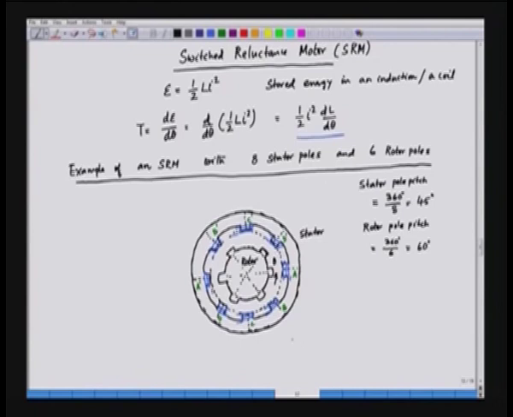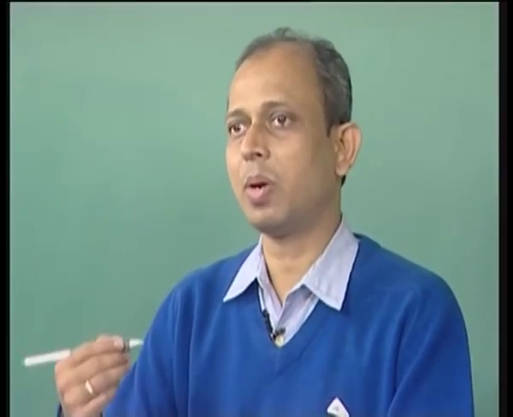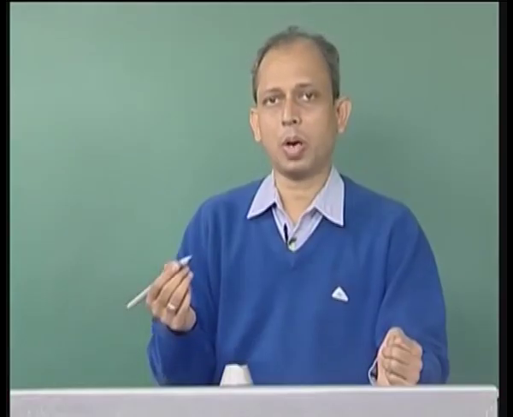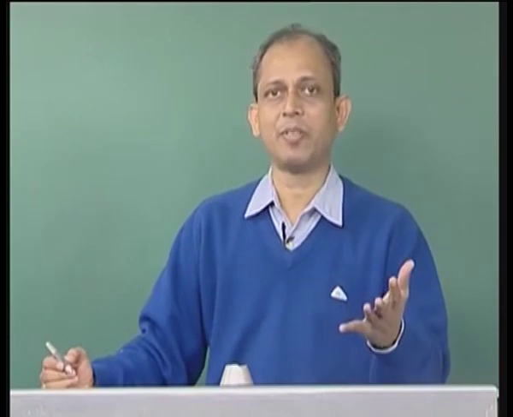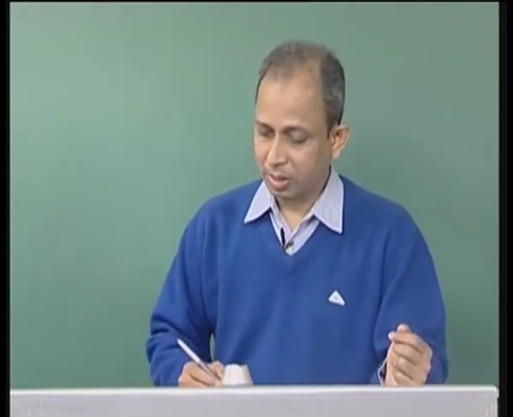So, we can draw the variation of inductance of every winding with respect to theta. In fact, we have 4 phases here, phase A, phase B, phase C and phase D. If we plot for any one phase, suppose phase A, the same thing will be happening to phase B after some delay. So, what we will do, we will be plotting the inductance variation of any given phase as the rotor rotates.